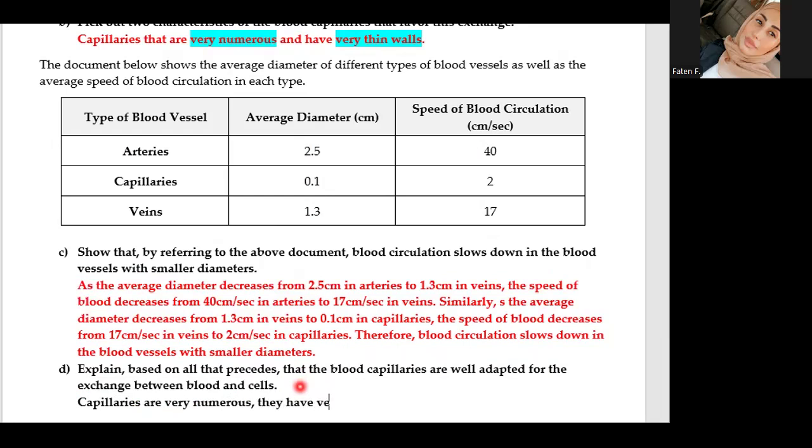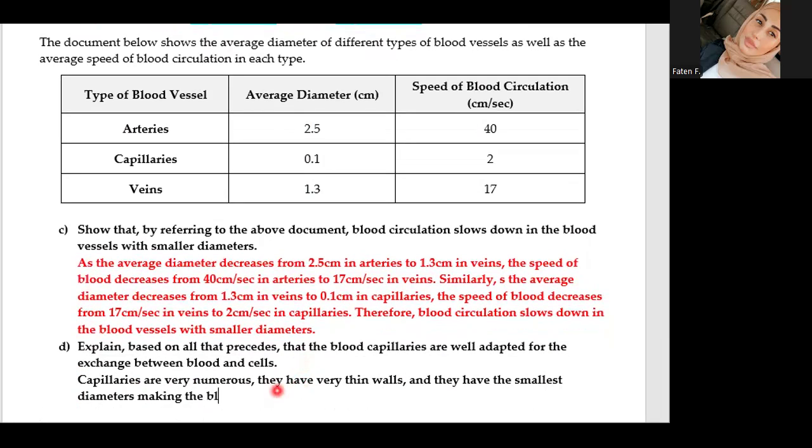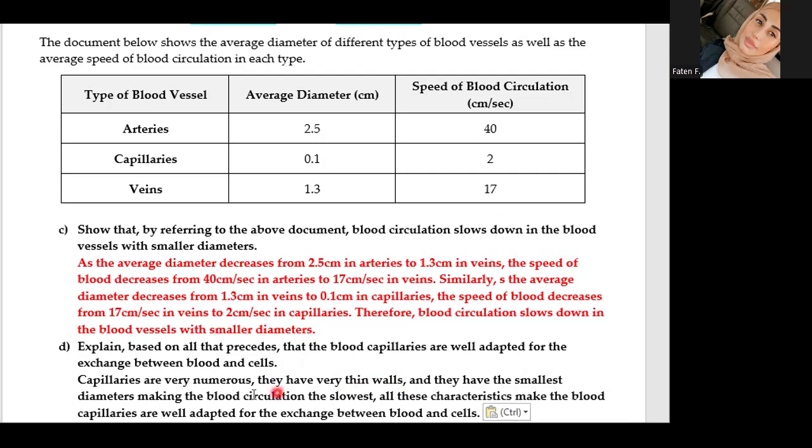They have very thin walls and they have the smallest diameters, making the blood circulation the slowest. Okay? All these characteristics make the blood capillaries well adapted for the exchange between blood and cells.